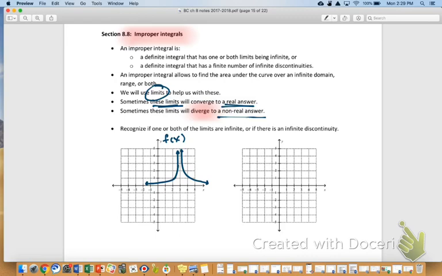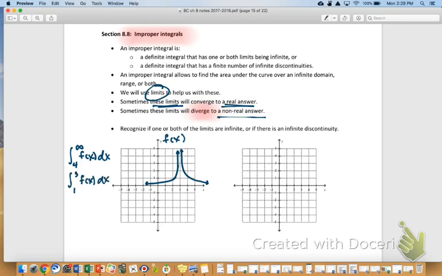So here are some of the things we could do with this. We could be asked to find the integral from 4 to infinity of f of x. This would be improper because one of your two limits is not real, right? It's infinite. You could also be asked to find the integral from, say, 1 to 3 of f of x.